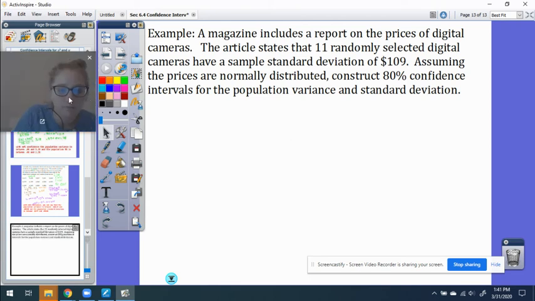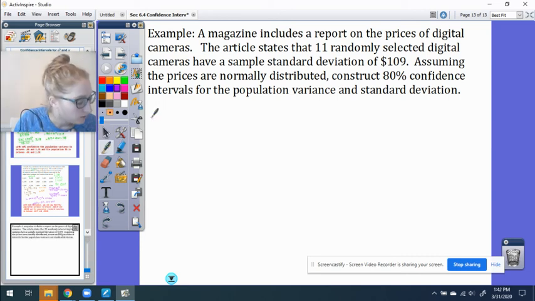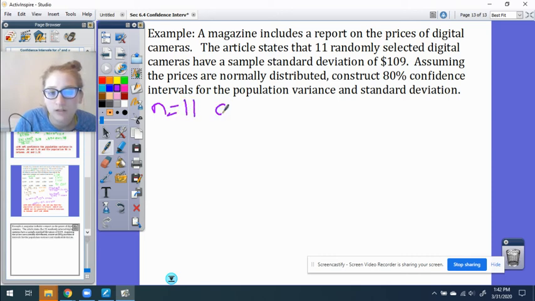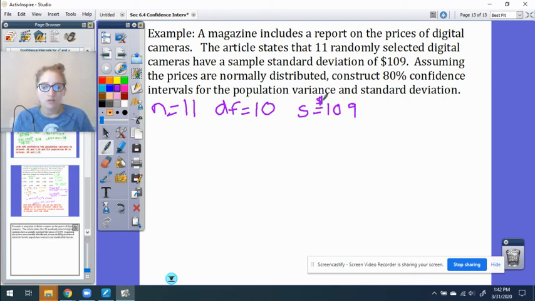All right, here we go. So first, we know that we have n equals 11, which means degrees of freedom is 10. My sample standard deviation is $109. Okay, so let's go ahead and find our critical values.